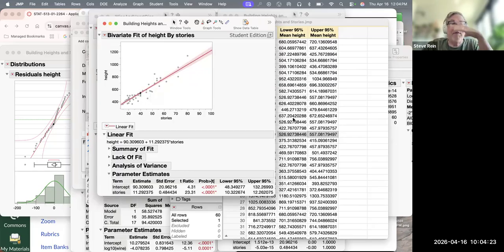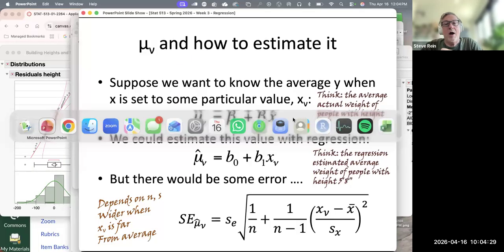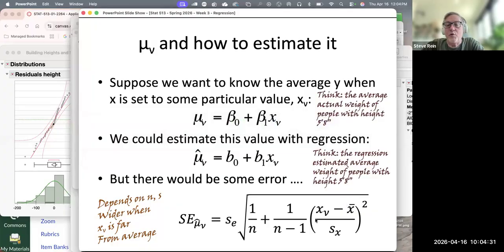The fulcrum being the average X, for X's that are far from average, we're going to have less precision in Y. So the further you are away from the average X, the more likely you have the X minus X bar squared being really sizable and thus impacting your measure of spread for the average Y for that given X. Okay, any questions about that so far?